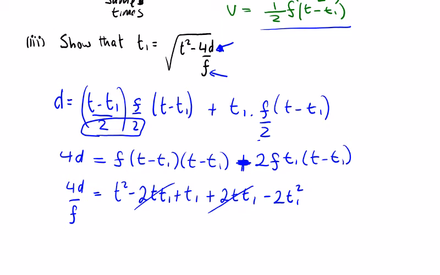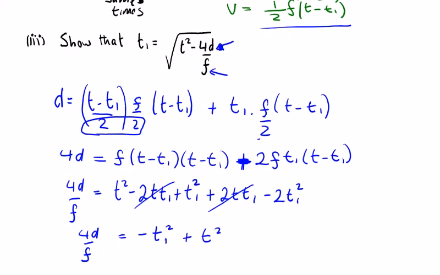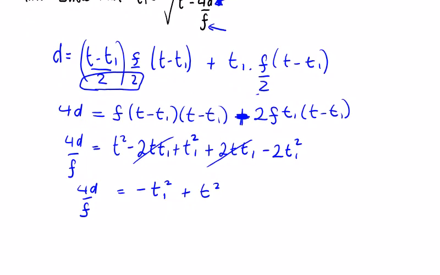So what are we left with here? We're left with 4d over f is equal to minus t1 squared plus t squared. I left out my squared there, didn't I? Yeah, that's all we're left with there.